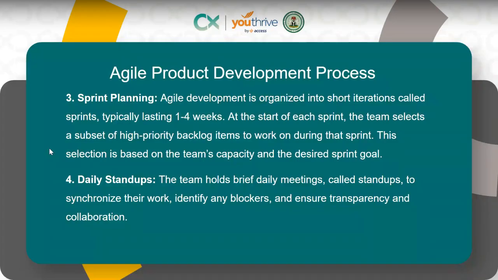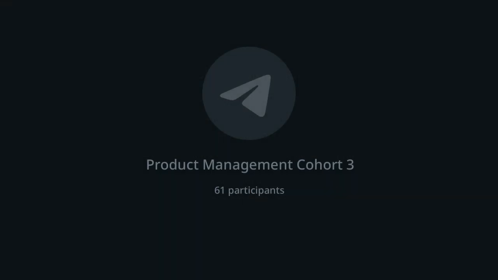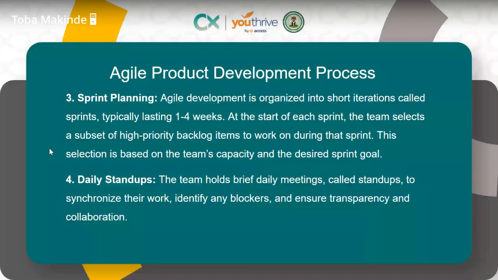So let's say you have about 30 features, and you prioritize those 30 features. You know the ones that need to go first, based on the business goal, the impact to the user, or what the user needs to accomplish.